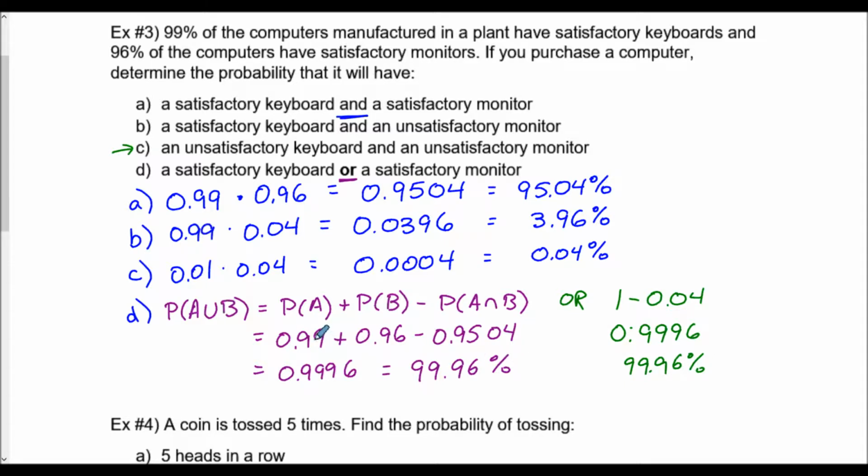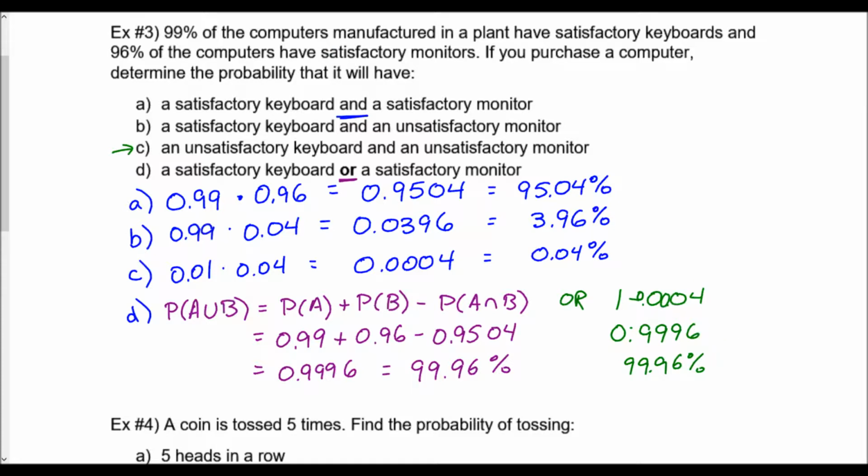So it still does work. Sorry, I guess this is incorrect. It should be 0.0004. But I think that you can get my point.